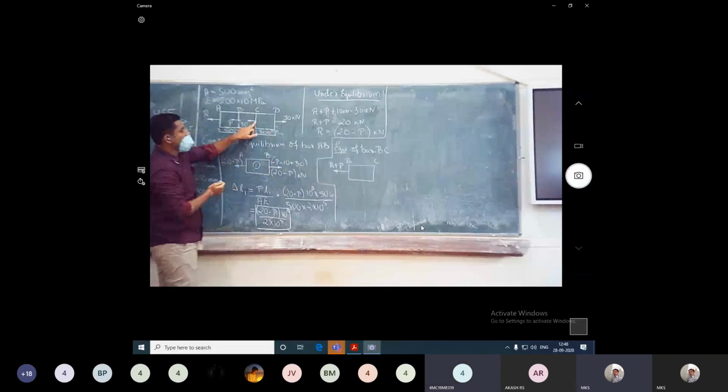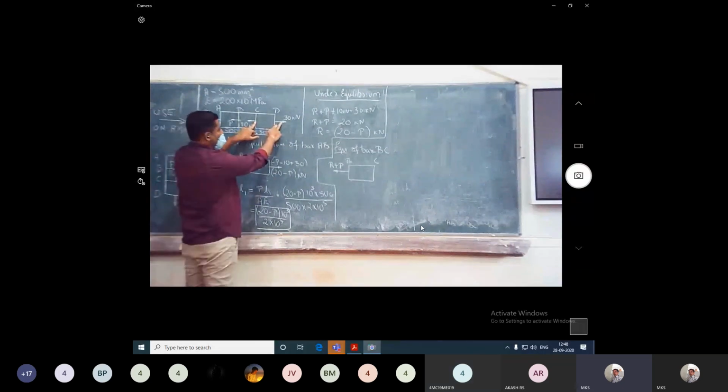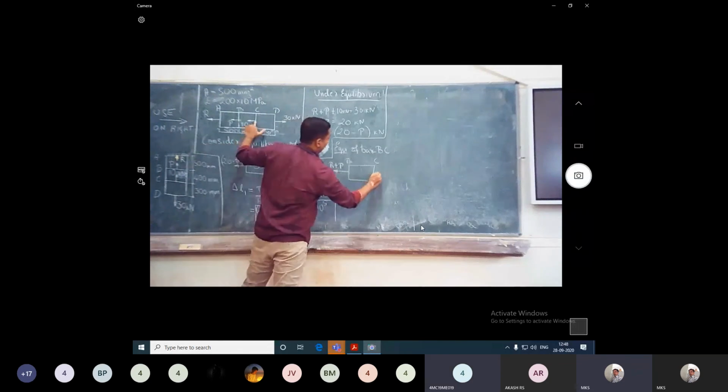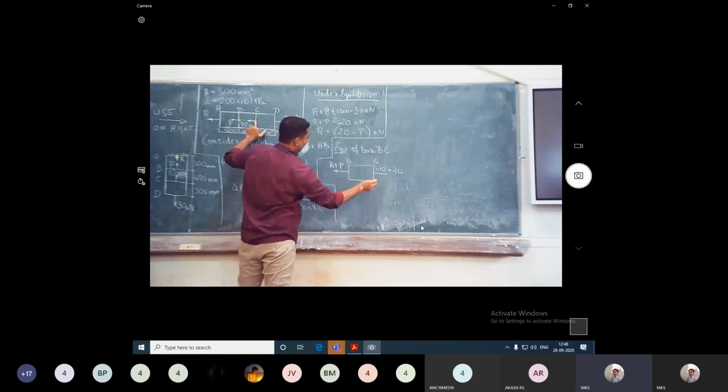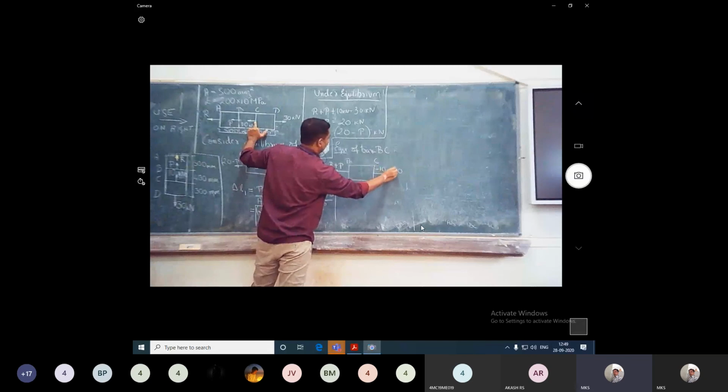So at point C, 10 kilonewton is compressive, right? So it is minus 10. What about 30? Tensile. So it is minus 10 plus 30.